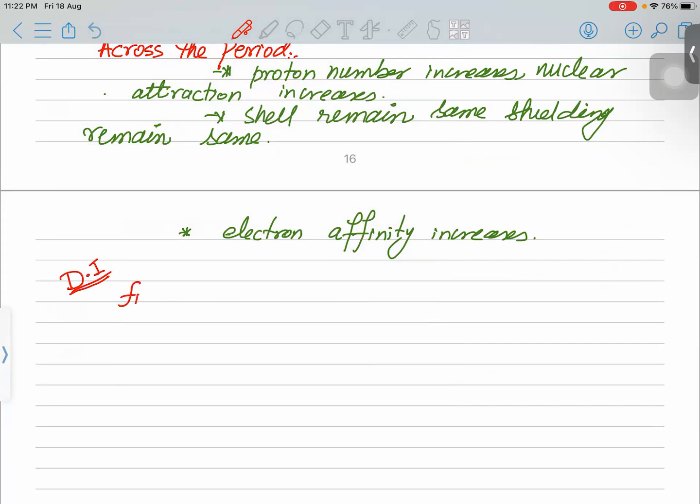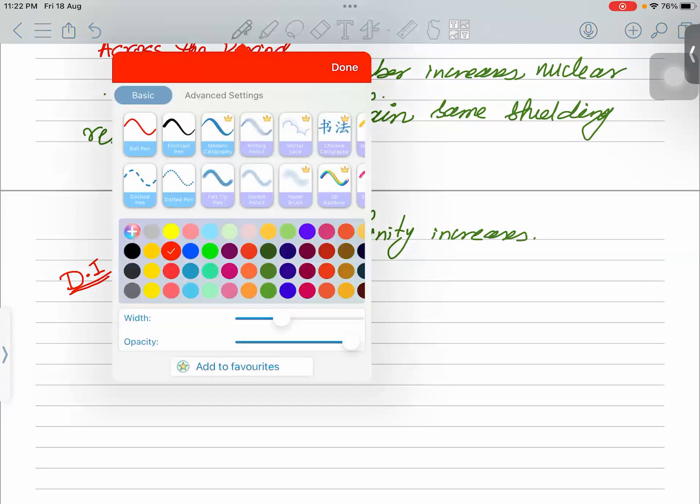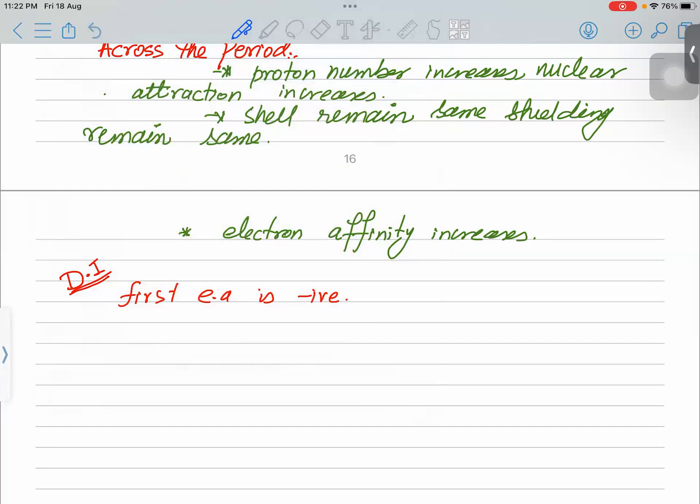So first electron affinity is negative. So if electron affinity decreases, the negative value increases or decreases? It will decrease.